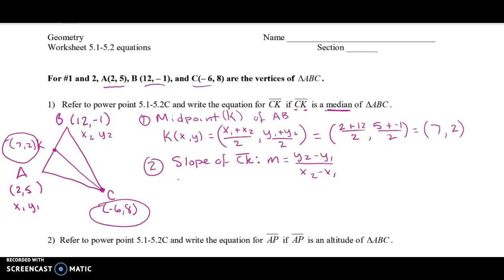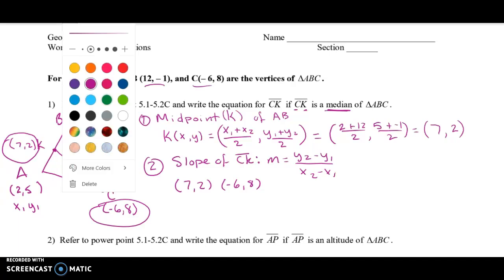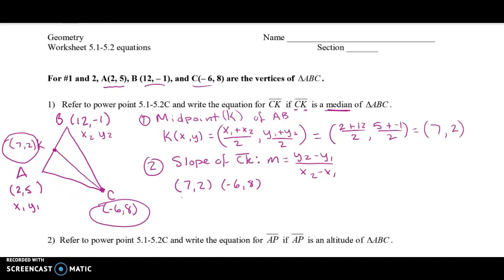For this one, I'm going to list these right here because this will be a new x1, y1, x2, y2. I'll even change the color so you know this is completely different. So this is my x1, this is my y1, this is my x2, this is my y2.